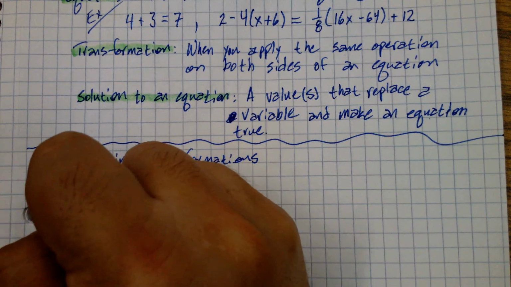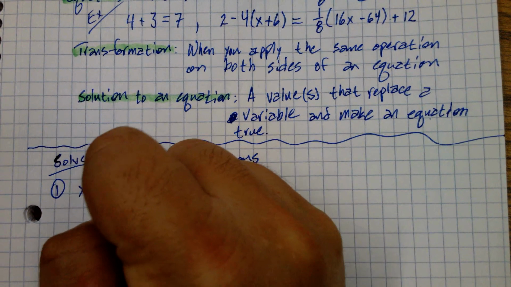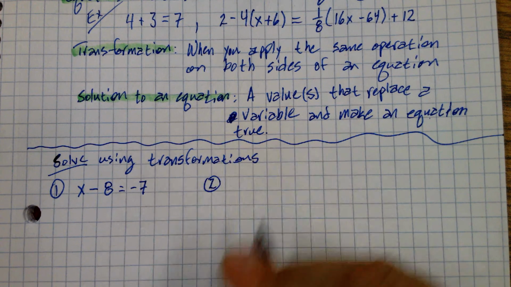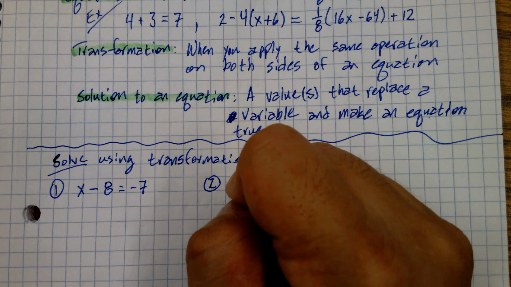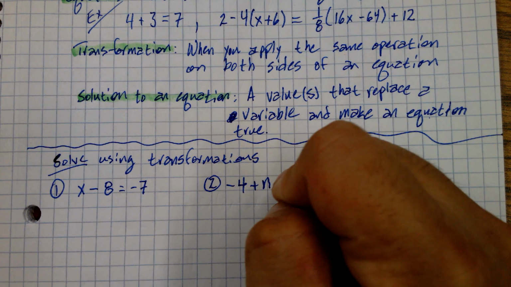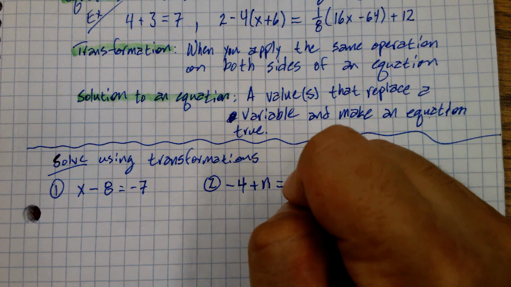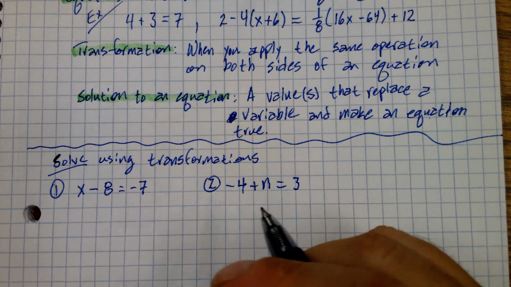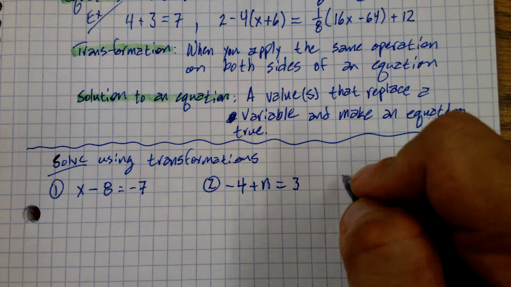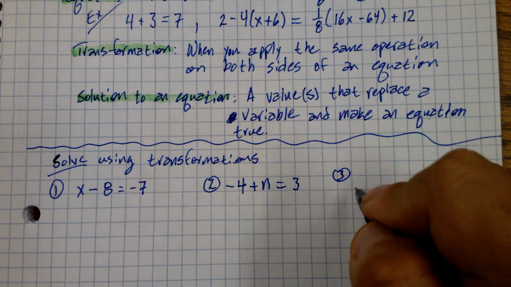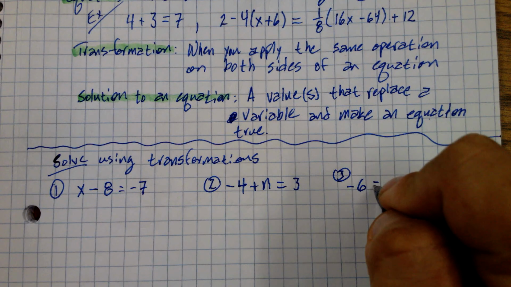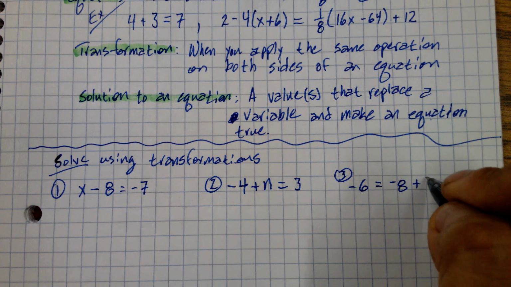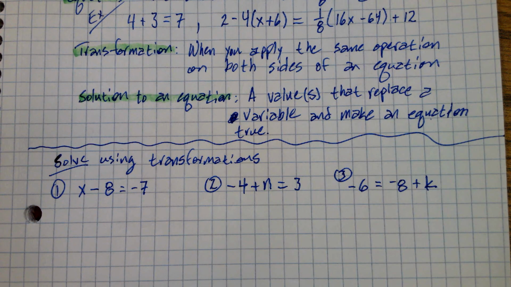So we're going to do stuff like this. We're going to do what are known as one-step equations. So just one step, add, subtract, multiply, divide, will give us the answer. And let's start with these three.